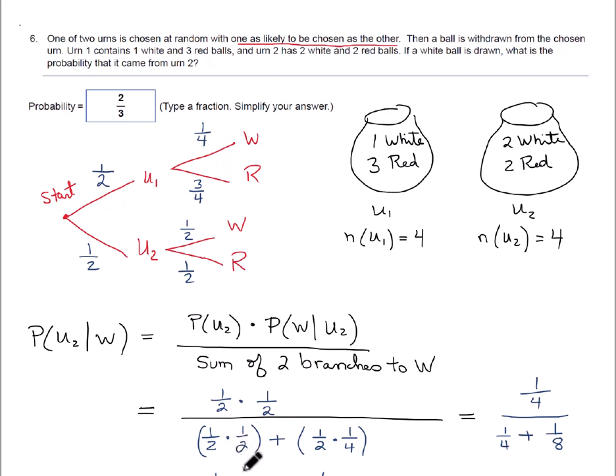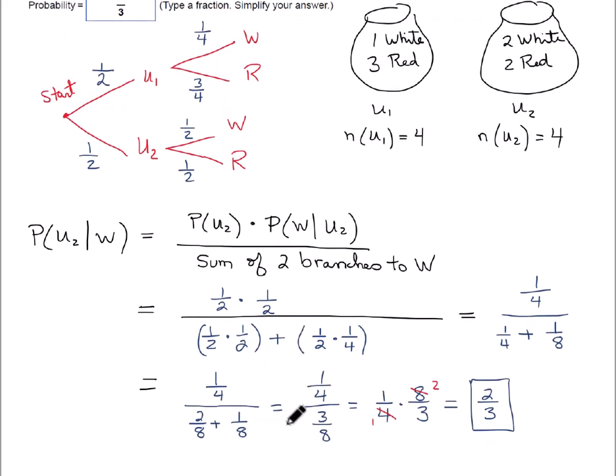All right, so what do I get? Well, I've got 1/2 times 1/2 on the bottom, all the branches, so 1/4 on the top. I made this a 1/4 of 2/8 because I'm adding it to 1/8. So I get a 4th over 3/8. Flip the bottom. And so 4 goes into 8 2 times. And so that probability is 2/3.